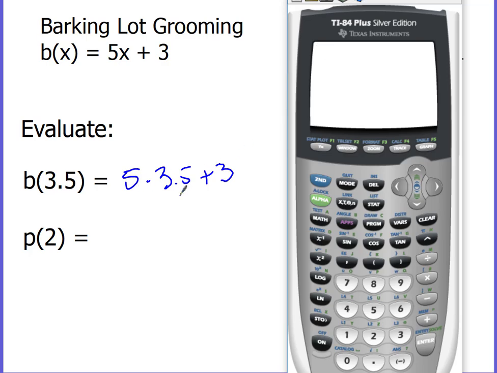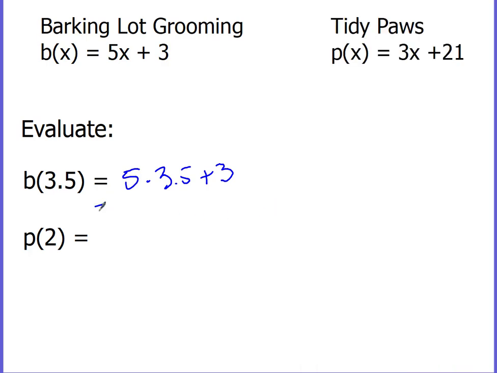In order to evaluate it, we're going to do 5 times 3.5 and then plus 3. And we get a value of 20.5. So the cost of 3.5 hours would actually be $20.50.